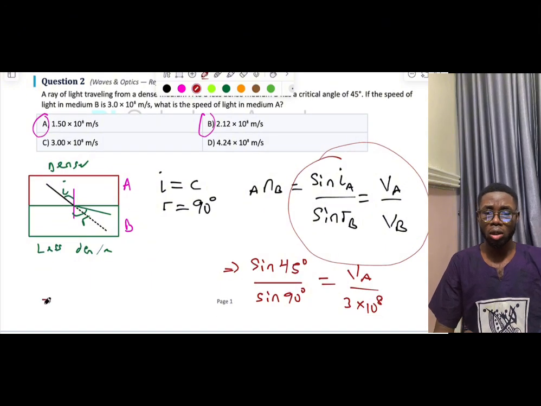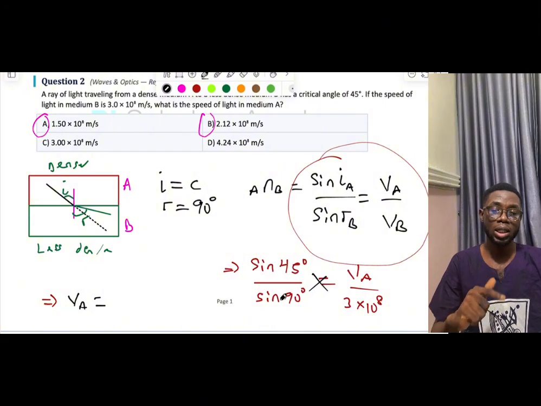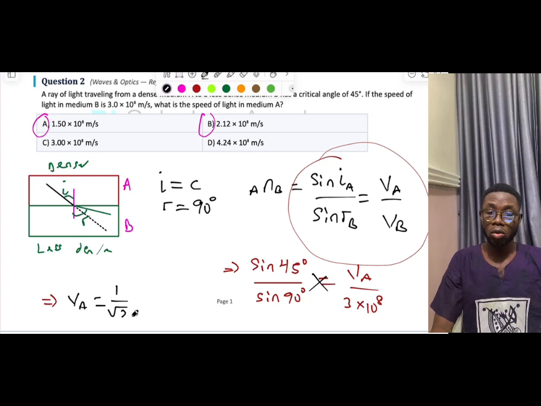Sine 90 is 1, so you don't have to bother about that. That implies that VA is going to be sine 45 multiplied by 3 times 10 raised to the power 8. Sine 45 is 1 over root 2, so 1 over root 2 multiplied by 3 times 10 raised to the power 8.